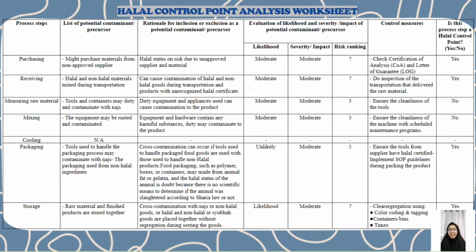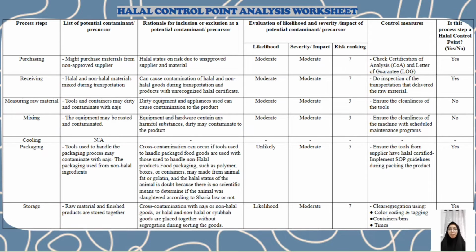Next, during the packaging process, tools used to handle the packaging process may be contaminated with najis, and the packaging may be made from non-halal ingredients. So, cross-contamination can occur if tools used to handle packaged food are also used to handle non-halal products.